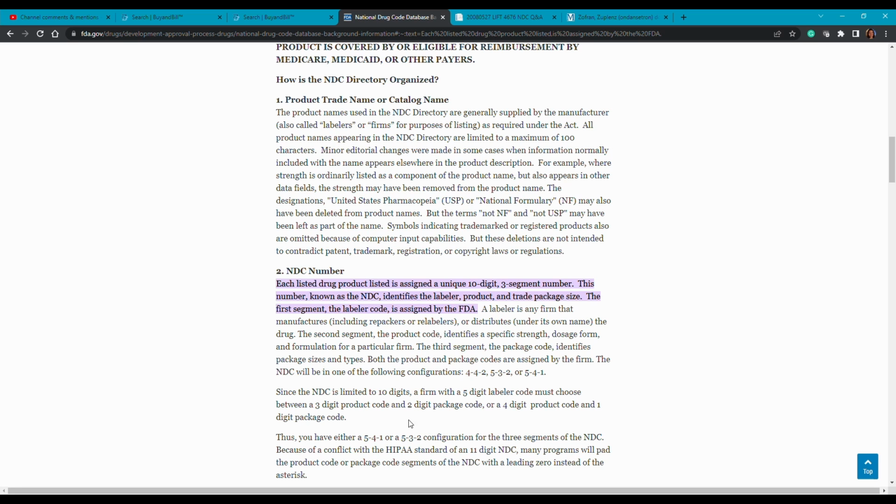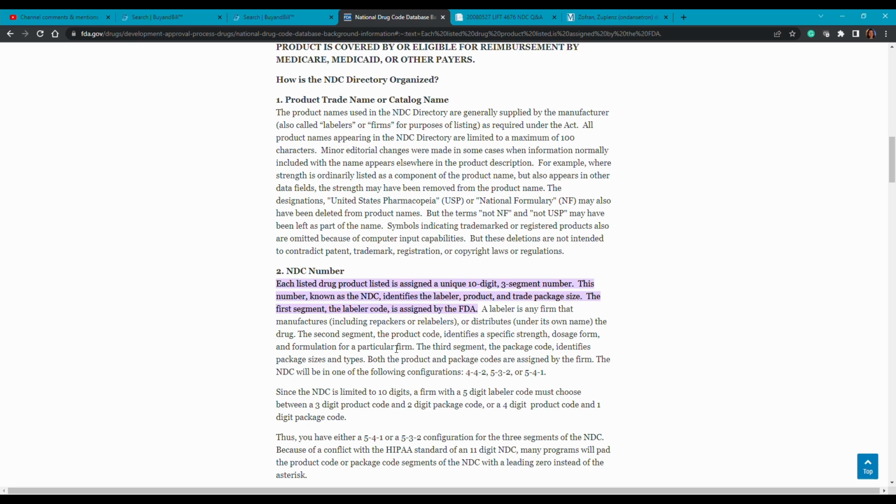So the first part of the number is going to identify the labeler, kind of like the manufacturer. The second part of that 3-segment number is going to tell you the product. And the third part is the trade package size, so whatever form and how many, the quantity that you get essentially.